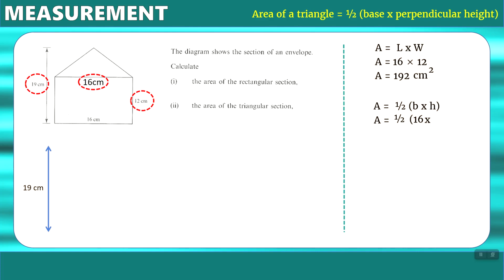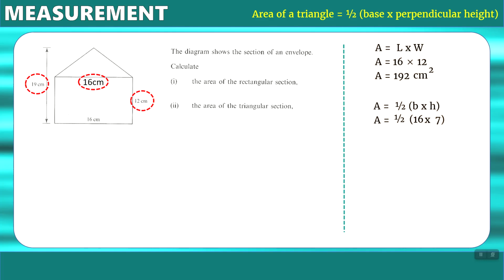So if we see this as 19 centimeters going all the way from the bottom to the top, and here is the height of the rectangle, which is 12 centimeters, we can find the part that is missing, which will be the perpendicular height of the triangle. And so we take 19 and we subtract 12, and that will give us the remaining section, which is 7 centimeters. So we have found our perpendicular height of 7.